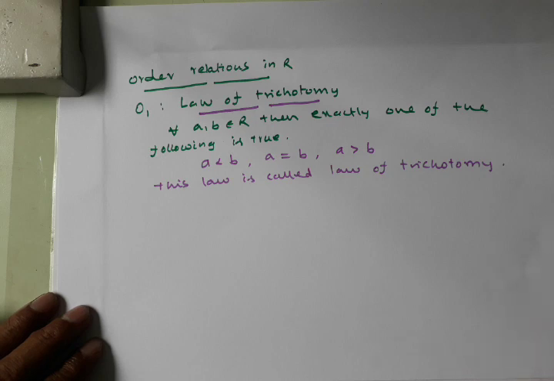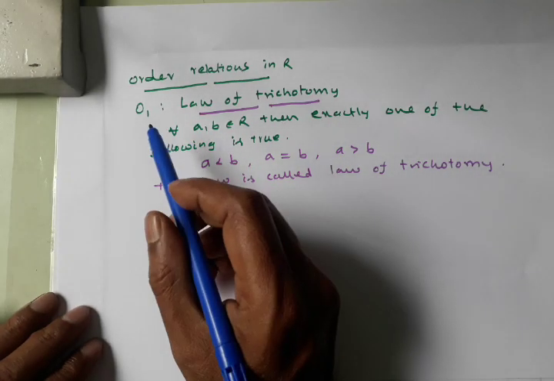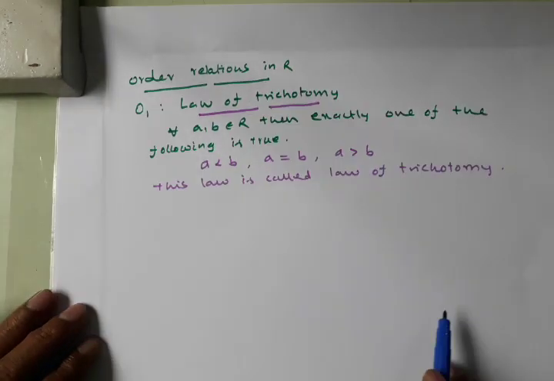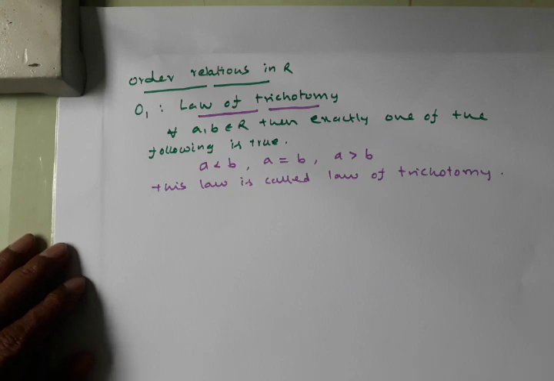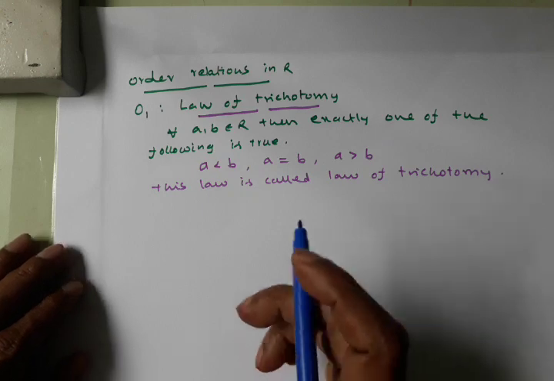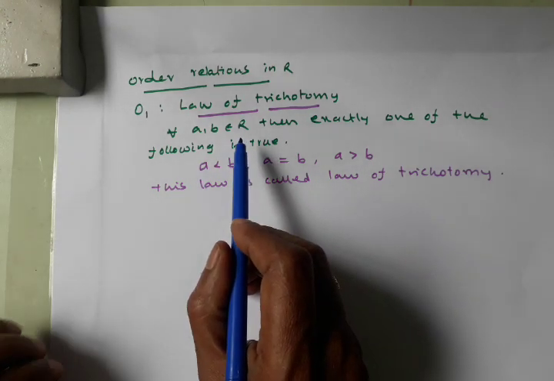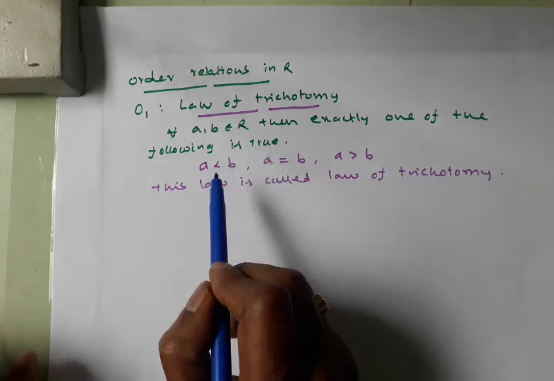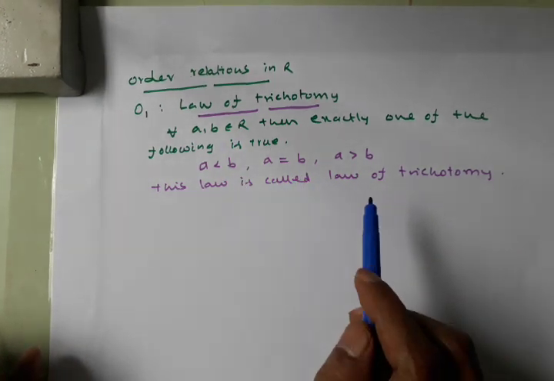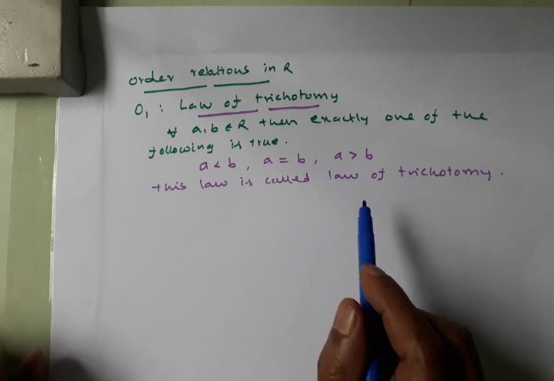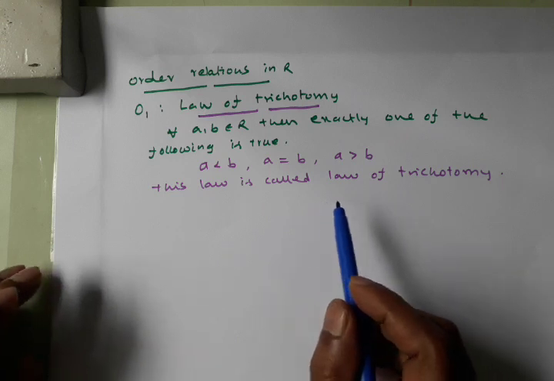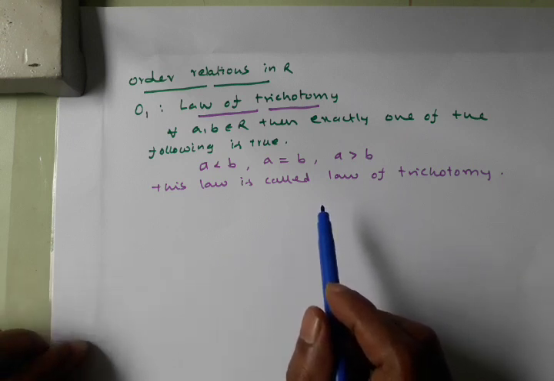Once again we will discuss the law of trichotomy, because this is a question for 2 marks. Many times it was there in examinations. If you take any 2 elements in R, the real numbers, only one of these 3 conditions is satisfied. For 2, 3 belongs to R, 2 is less than 3.